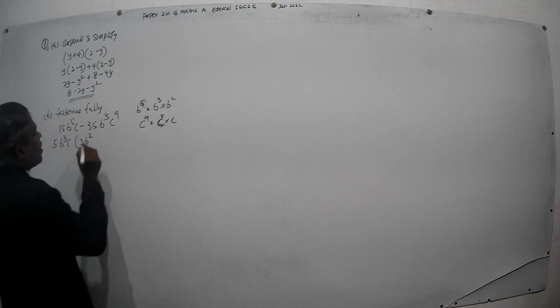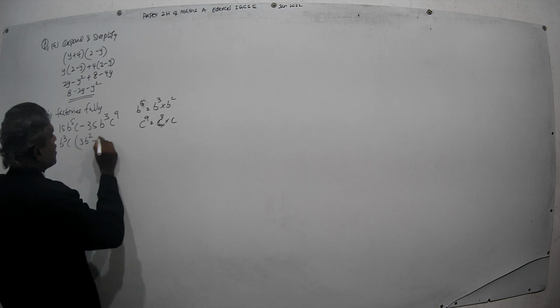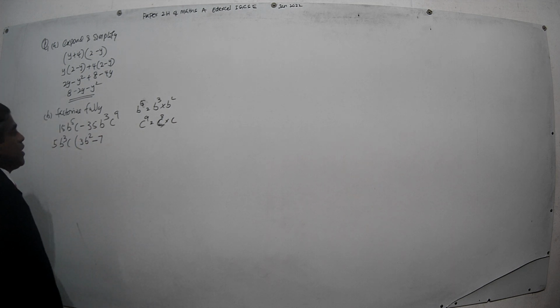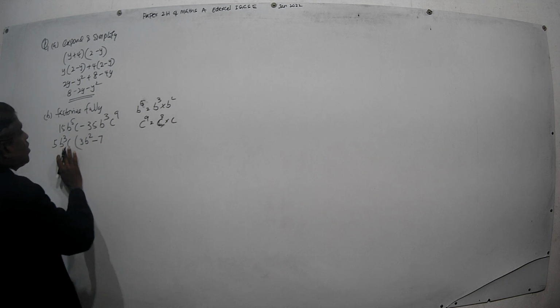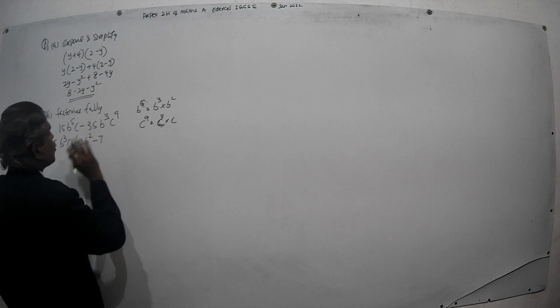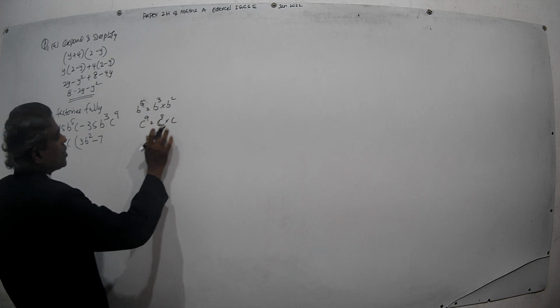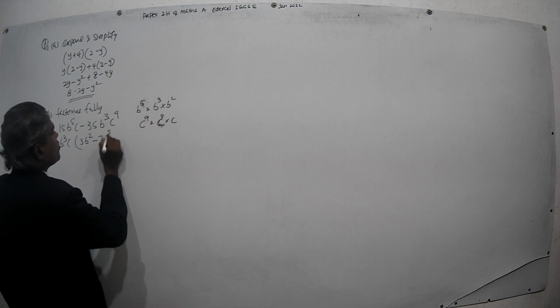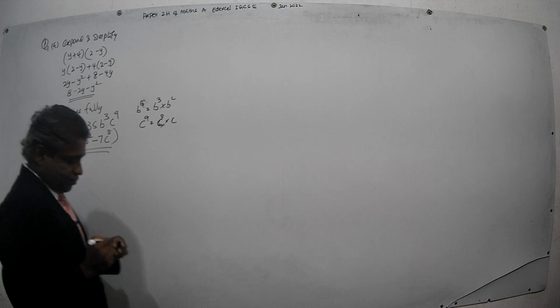Then minus, then 35 divided by 5 is 7. Then b to the power 3 as a whole has been taken out, so there's no b. One c was taken out from c to the power 9, so c to the power 8 is left here. That's all. That's the full factorization.